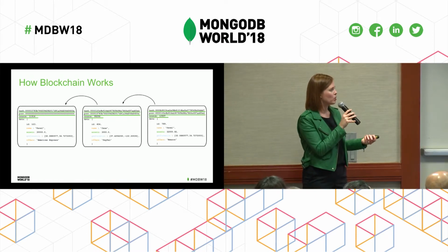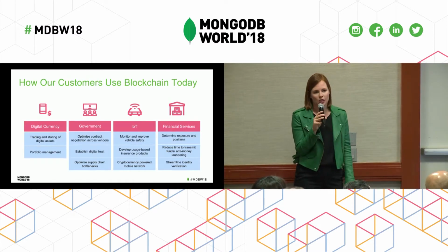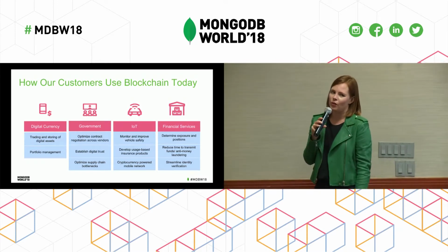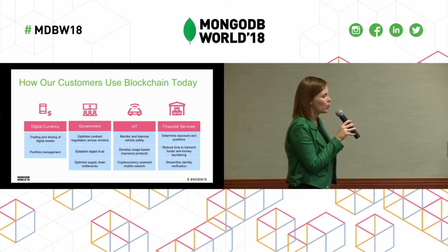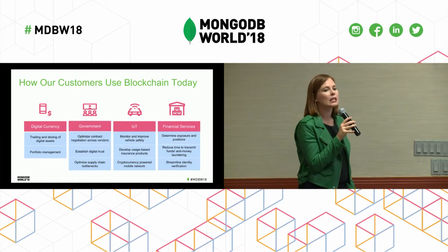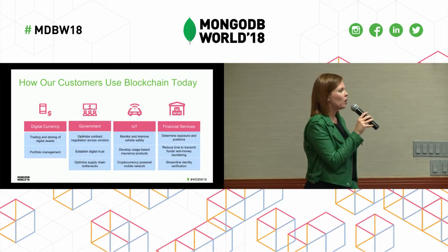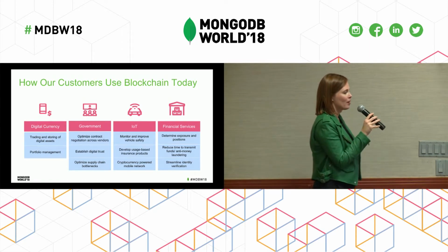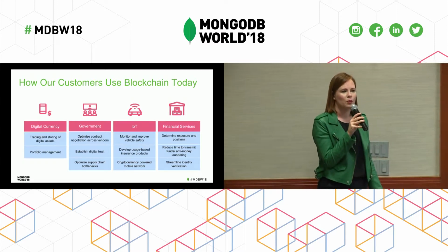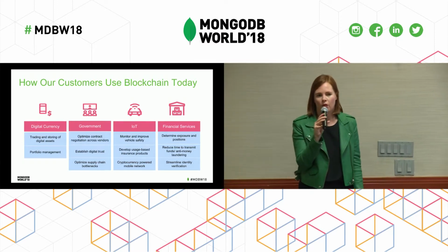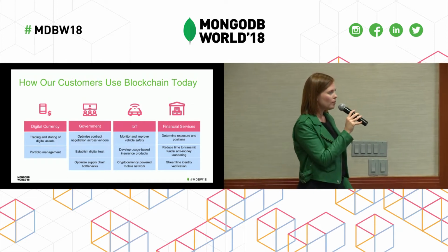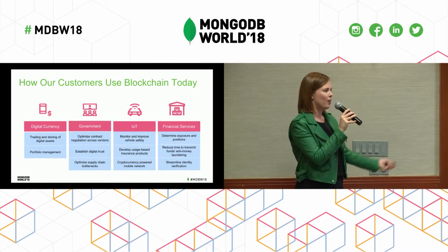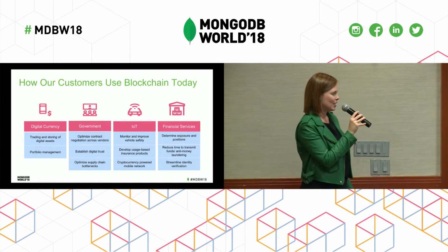So fairly straightforward. How are our customers using blockchain today? There are a number of use cases. Obviously, you saw Coinbase on stage today. There are a few customers in the digital currency space, if you will. And there are customers in the government space as well who are using it for things like contract negotiations and giving some transparency into who the vendors are, what contracts are being negotiated and in what terms, to give everybody a fair chance, but also to hide some details.